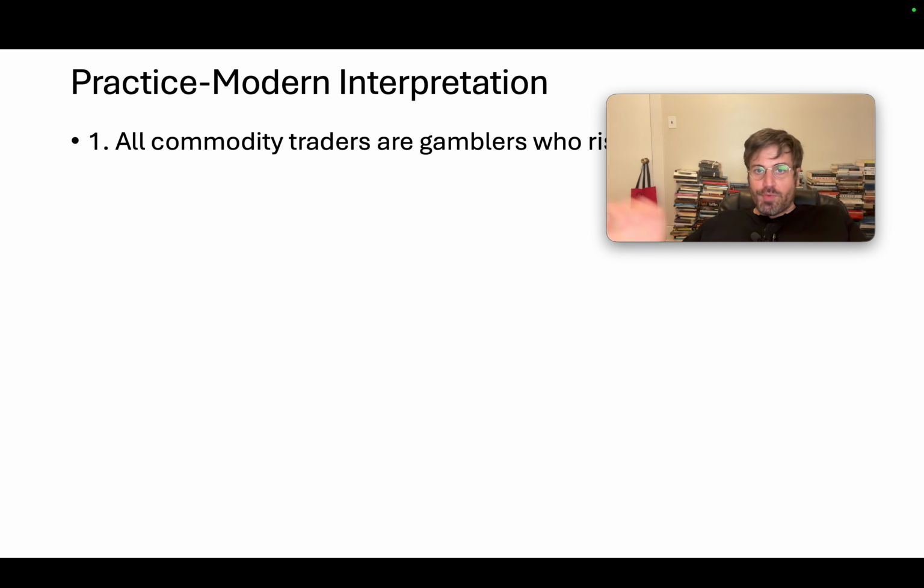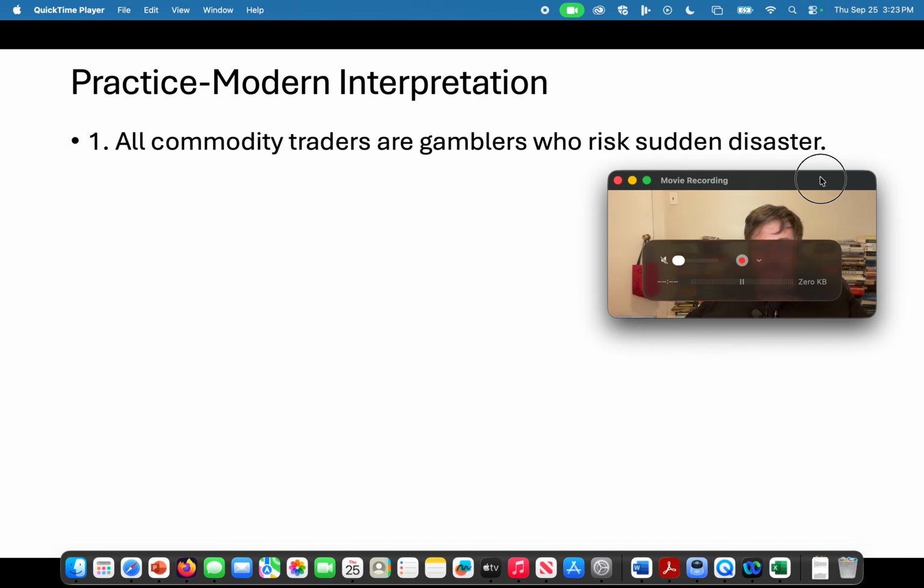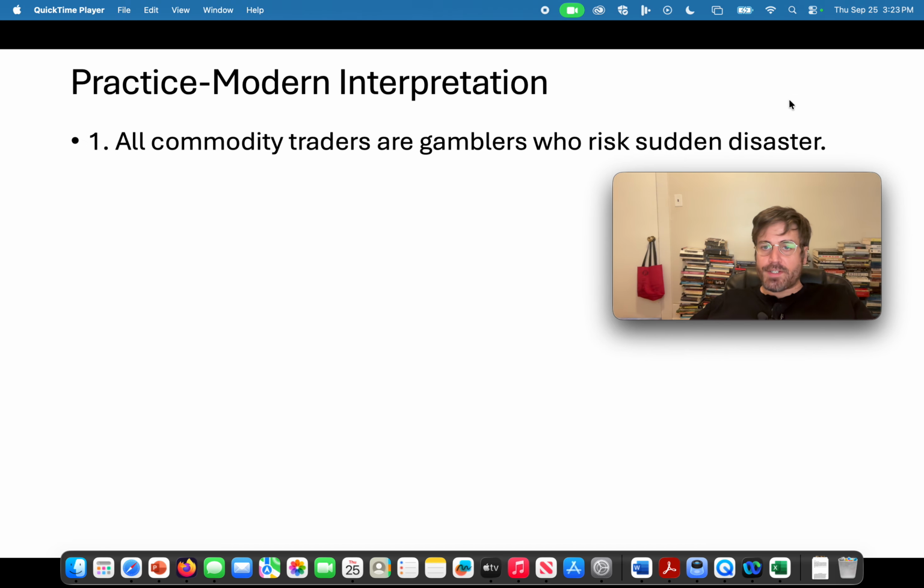Let's begin with the first one. All commodity traders are gamblers who risk sudden disaster. The first thing you should really be doing with these categorical propositions is just to locate and identify what category of proposition this is, right? That'll allow us to make the move that we need to generate the inference and to determine validity. This sounds like an A proposition to me, a universal affirmative.